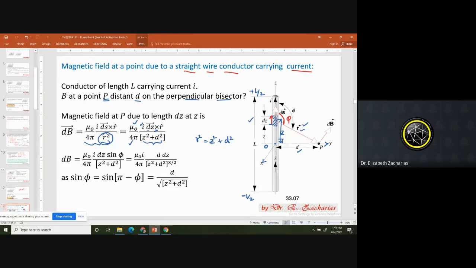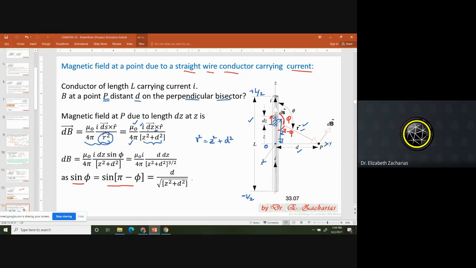Now let us try to write what phi is. It's just trigonometry. Trigonometry will tell you that sine phi is also equal to sine of pi minus phi, which from this right angle triangle becomes d by under root of z square plus d square.